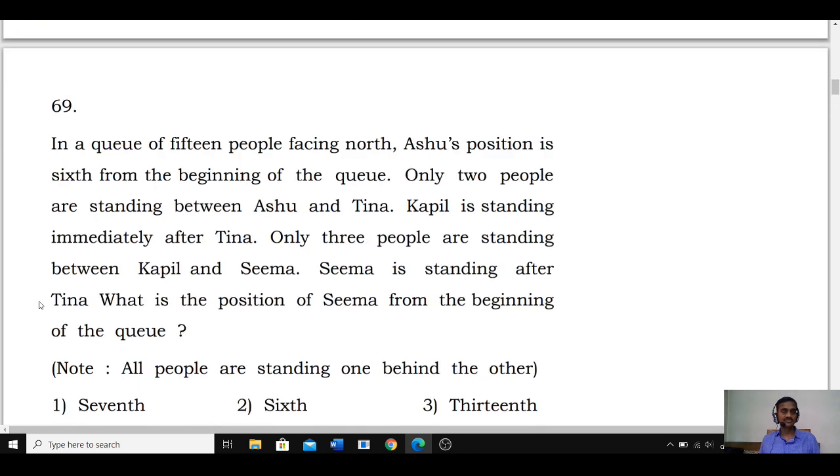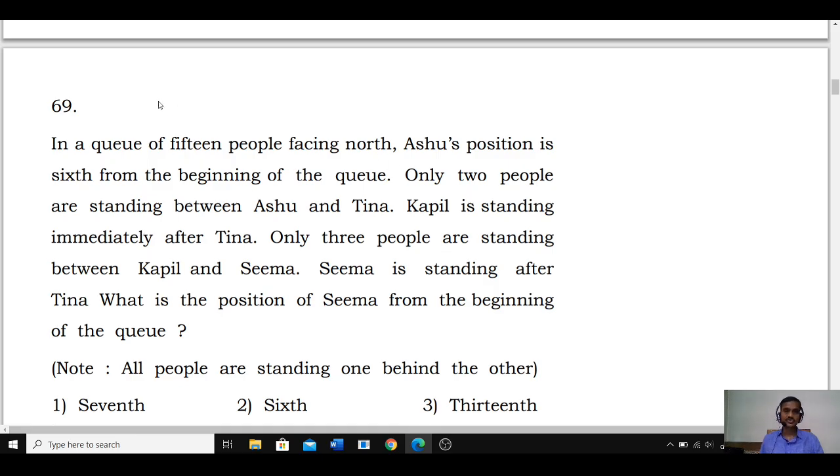Then next one, question number 69. Now in this question number 69, in a queue, how many persons are there? There are 15 people in a queue and they are facing towards which direction? 15 people facing towards north is clearly given.